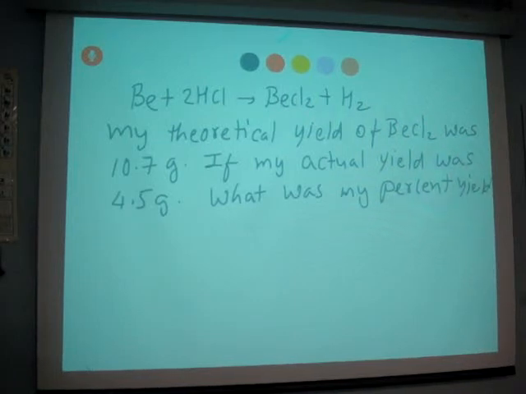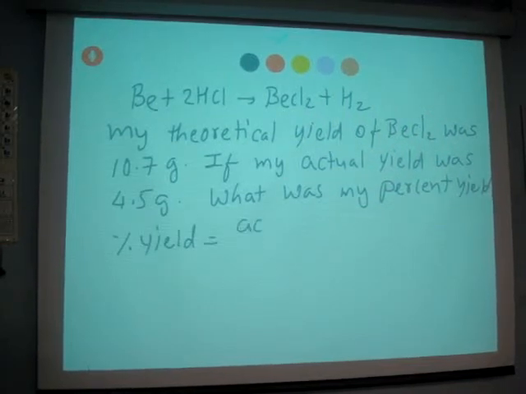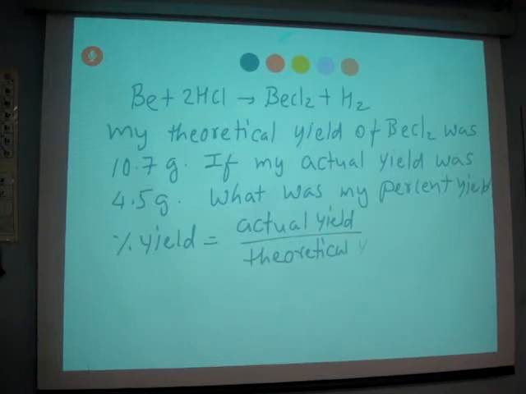Now you know this formula: percent yield equals actual yield divided by theoretical yield times 100.